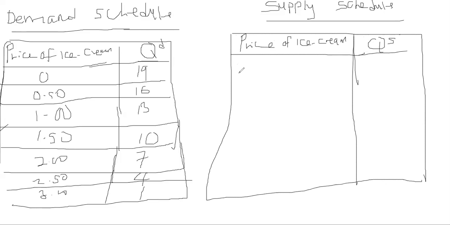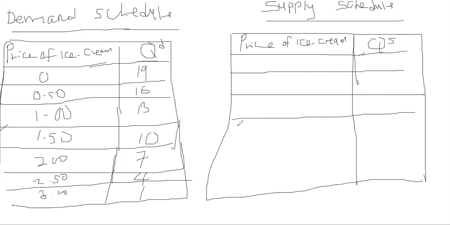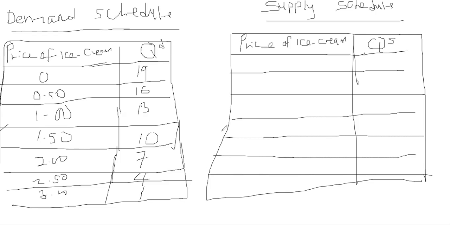So let's say this is the price of 0, 50 butut, $1, 1.50, $2, 2.50, and $3.